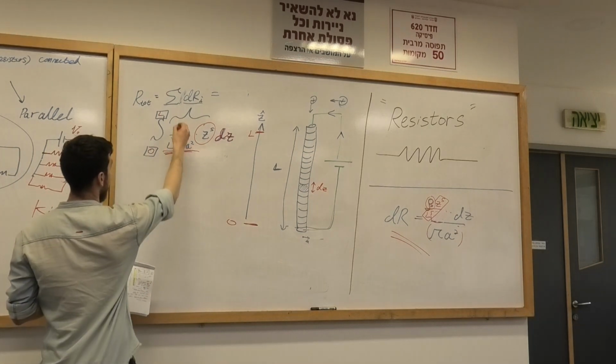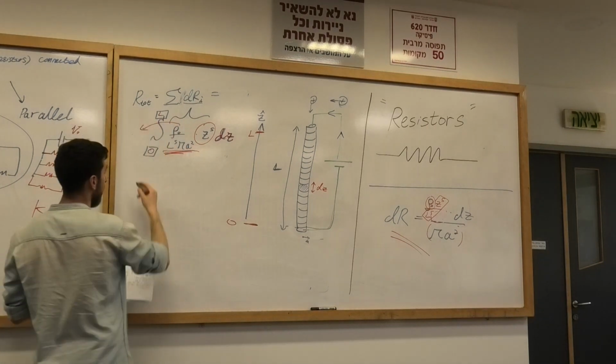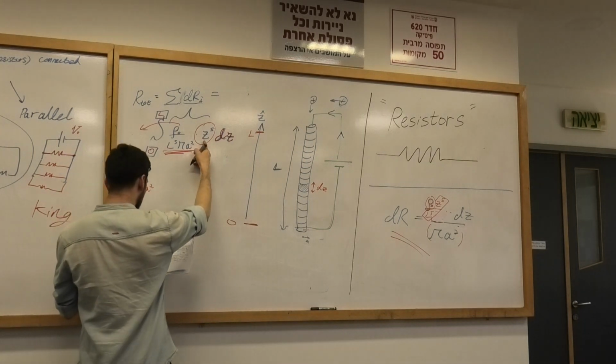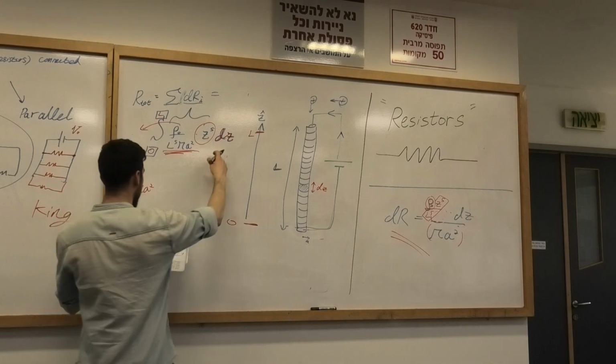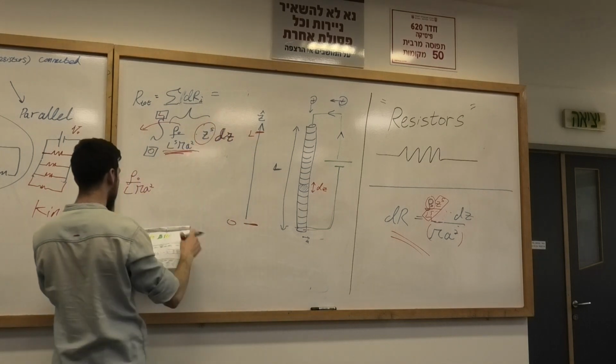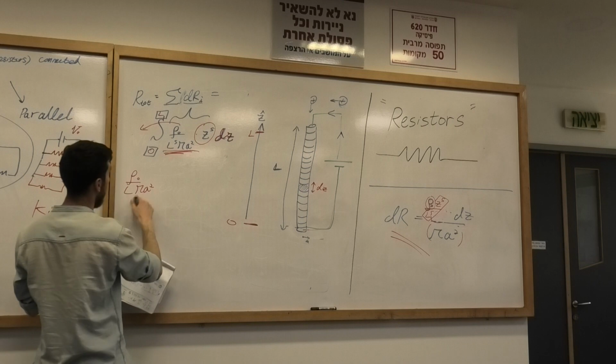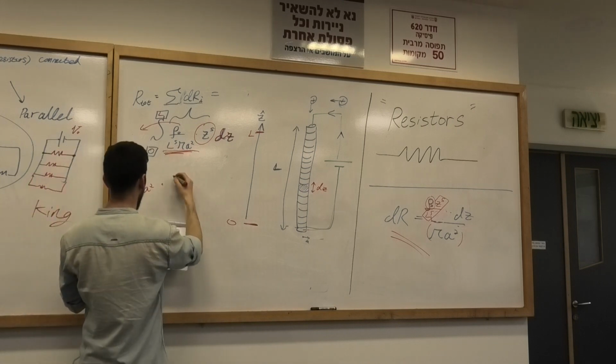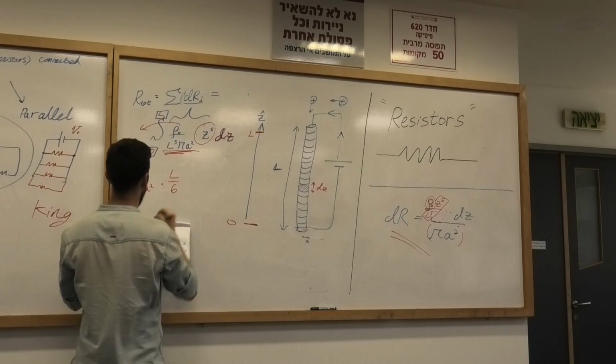So this constant actually can be dragged outside: rho 0, L, pi a squared. If we solve this integral, it's going to be raised to the power of 6 and divided by 6, right? And here we have L to the 5, so we end up here with just L over 6.